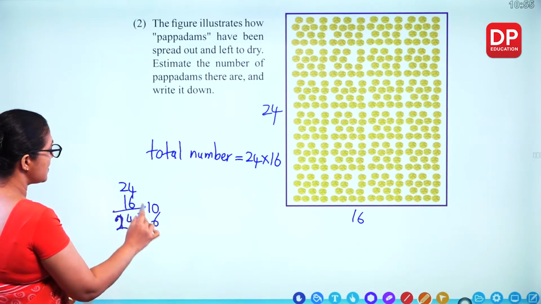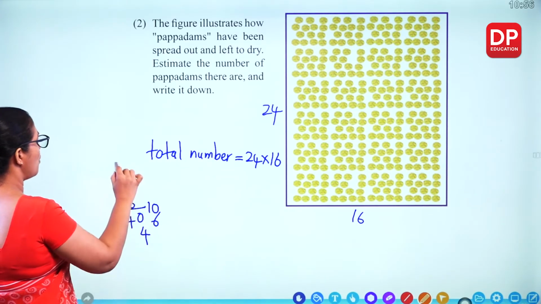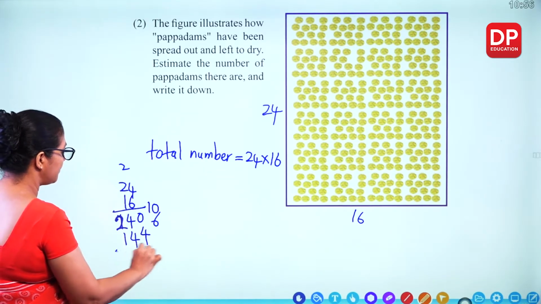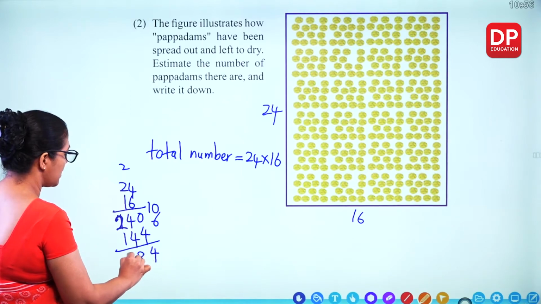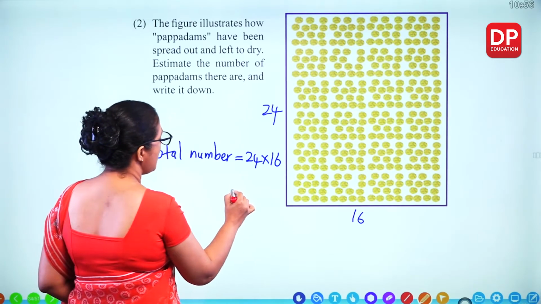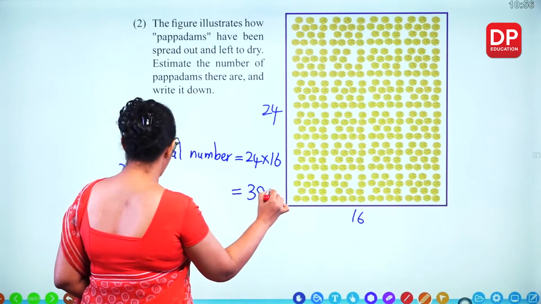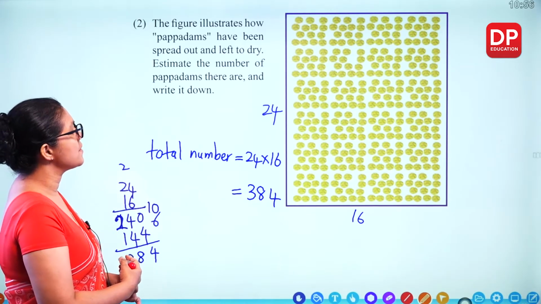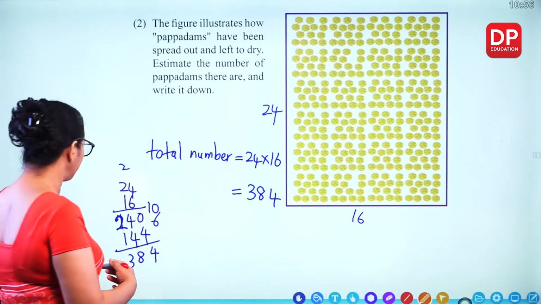Multiply by 6. 6 times 4, 24. 2 remaining. 6 times 2, 12 plus 2, 14. So you get 384. That's a rough value. Estimated number of papadums, 384.